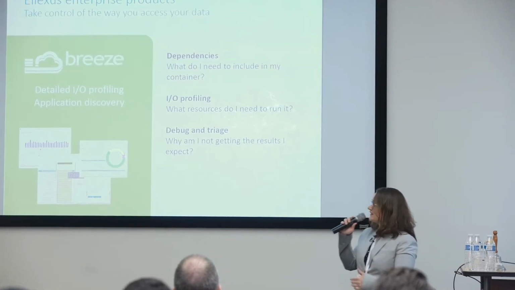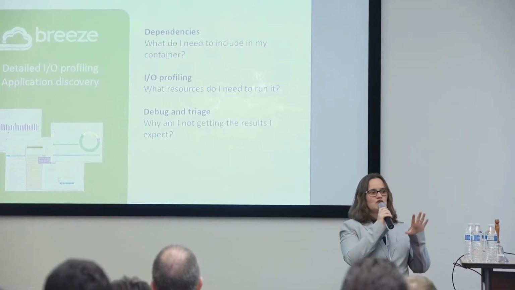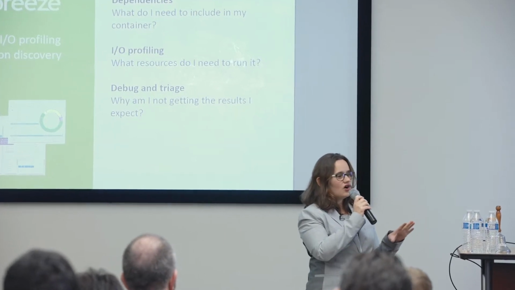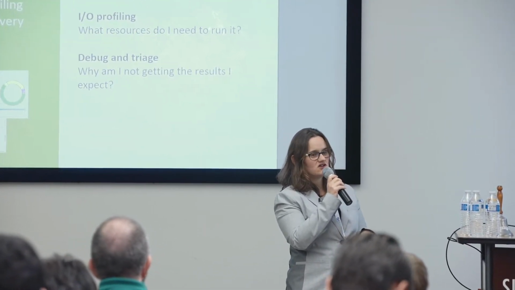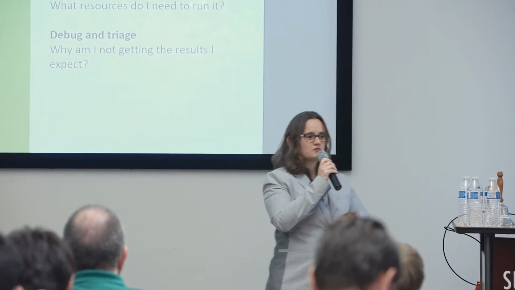And finally, and this is very important, even for those who've got a very good handle on what your dependencies are, you can use it to triage problems when you've set up your container and you don't get the same results that you expect.